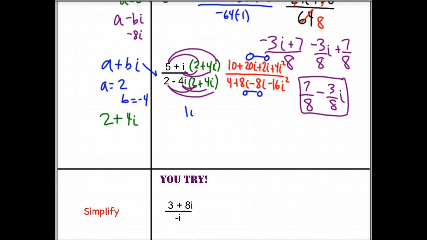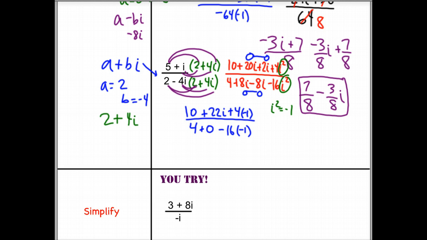So we have 10 plus 22i plus, and then I want us to remember that our i squared equals negative 1. So we have plus 4 times negative 1 over 4, and that's 0, minus 16 times negative 1.